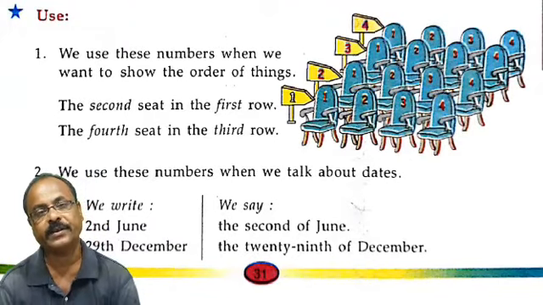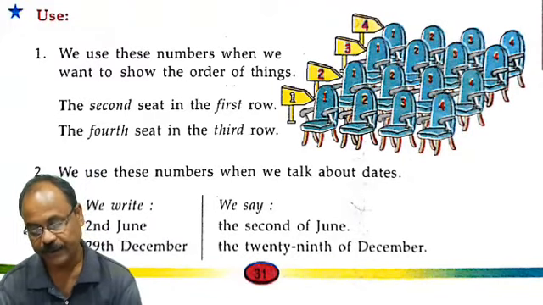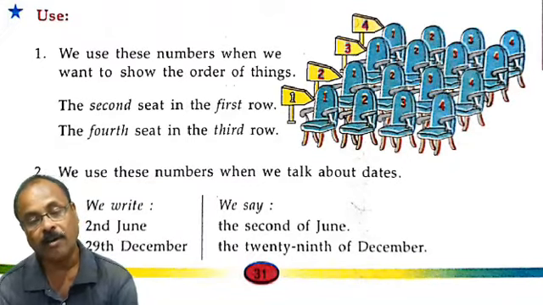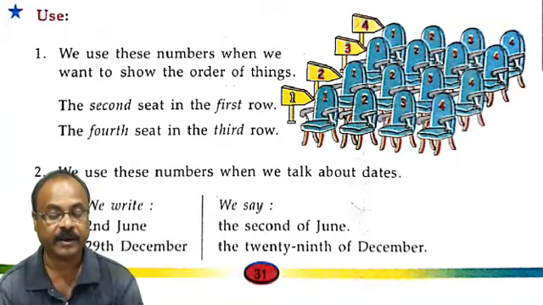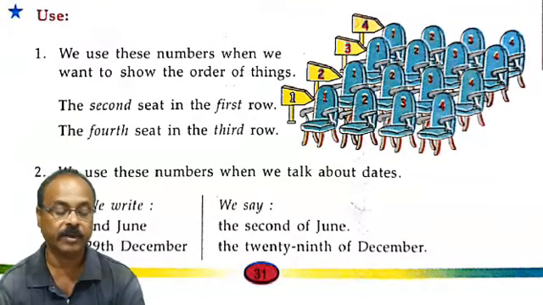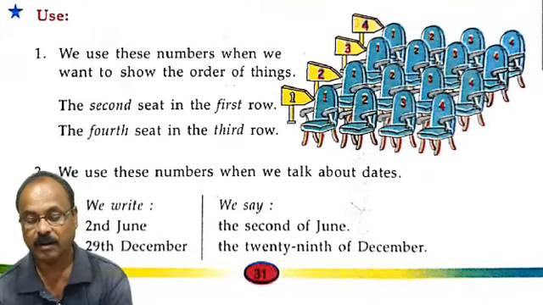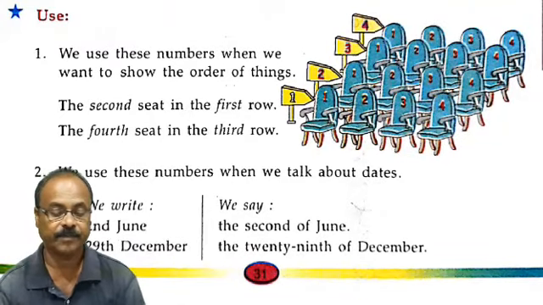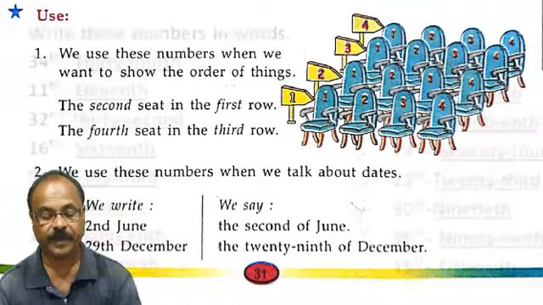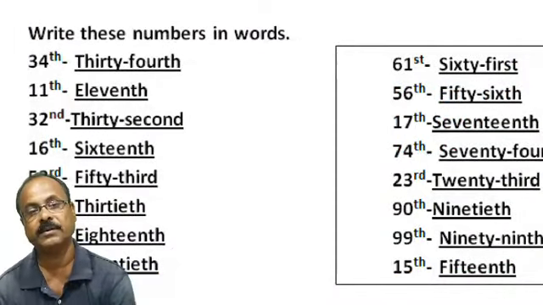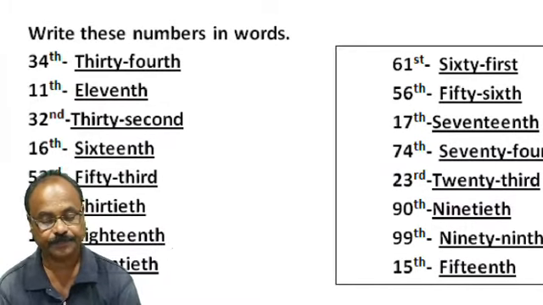Suppose 29th December, we say the 29th of December. So here is the end of the ordinal numbers. Let us solve the exercise.